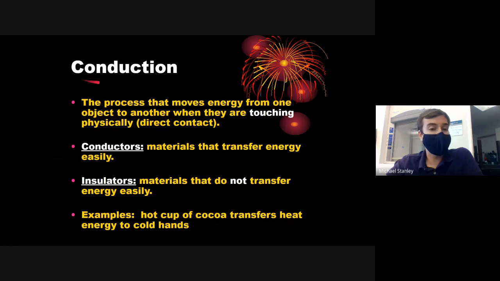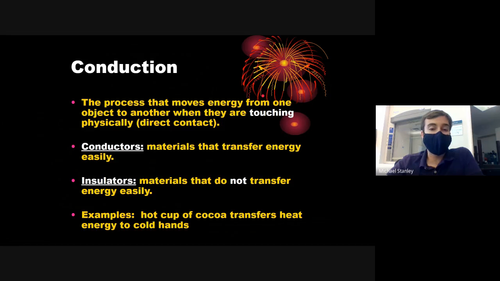So, the first one that we're going to talk about is conduction. You may remember when we talked about electric charges, I mentioned that conduction happens when you take a charged object and touch it to an uncharged object and the electrons flow. A very similar thing happens with heat.